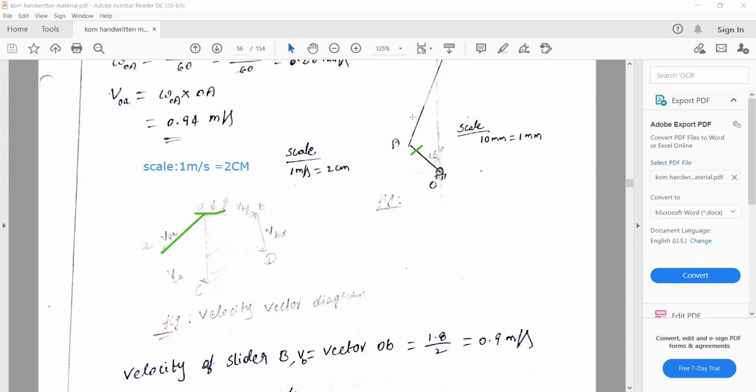Later, the AC perpendicular is also known. Just draw the AC perpendicular.